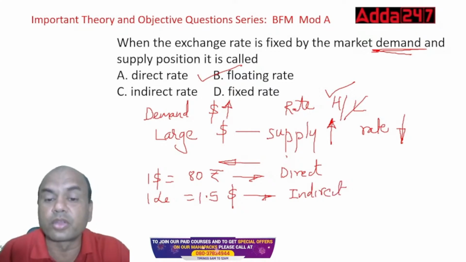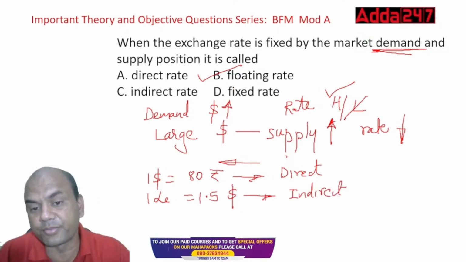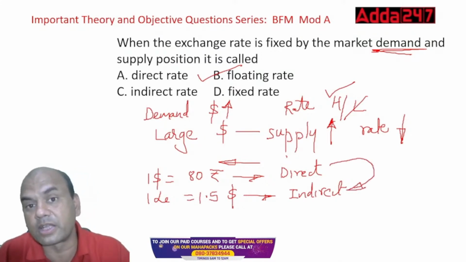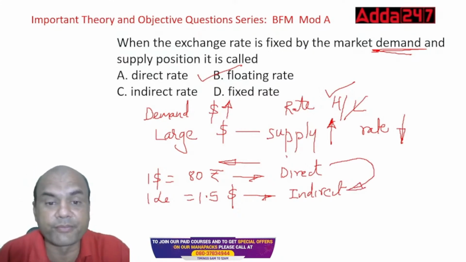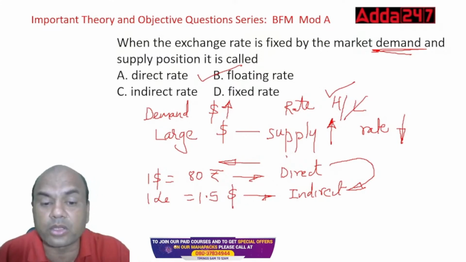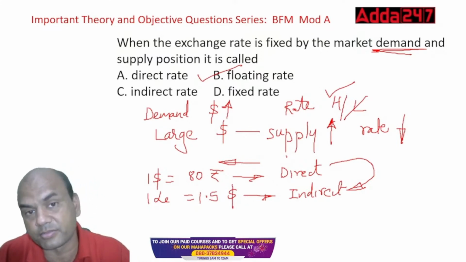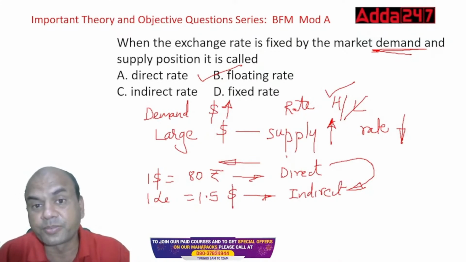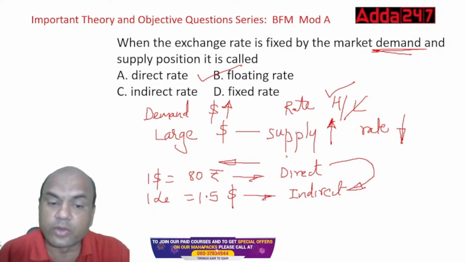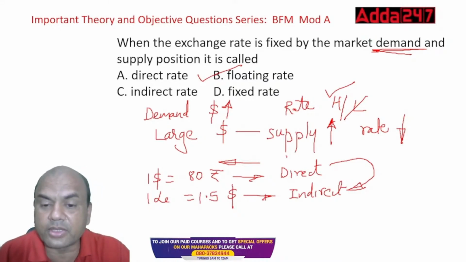Okay. So now remember, we in India should move out from this rate to this rate system, because we must develop ourselves so big that we must also have this indirect rate system. Dollar should fluctuate and rupee should be stable. Right now it's the reverse. But again, don't confuse yourself with the currency, because if you look at it, the pound is now having the indirect rate.